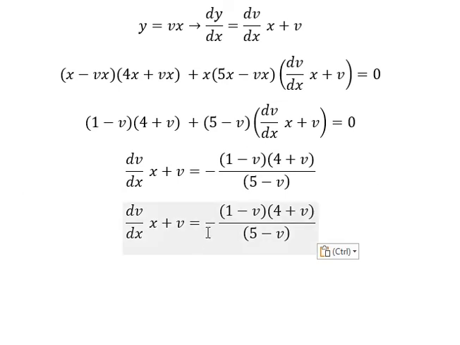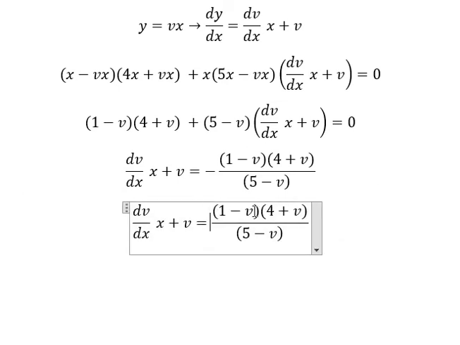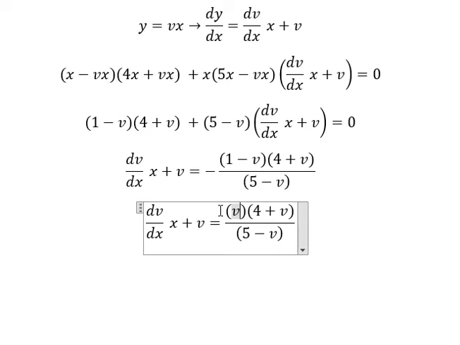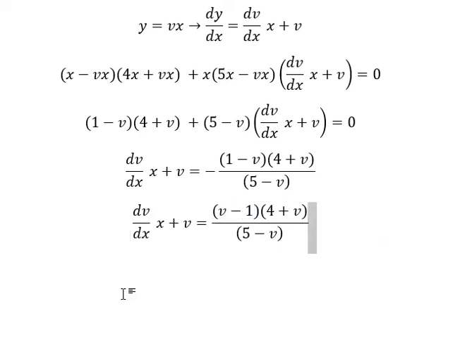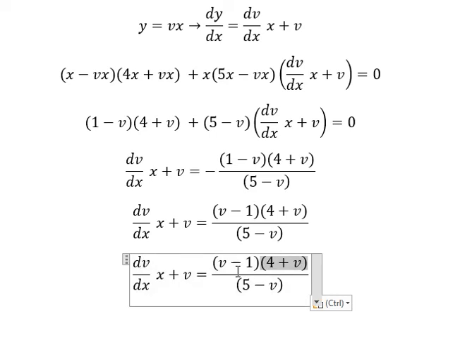Next, negative with 1 minus v, we change by v minus 1. Next, we need to expand this one in here.